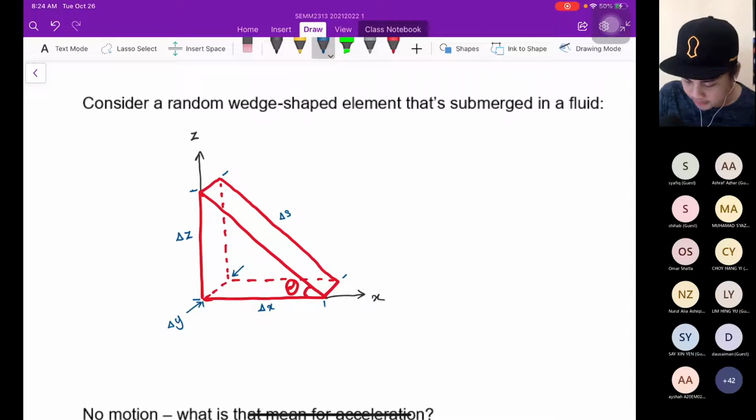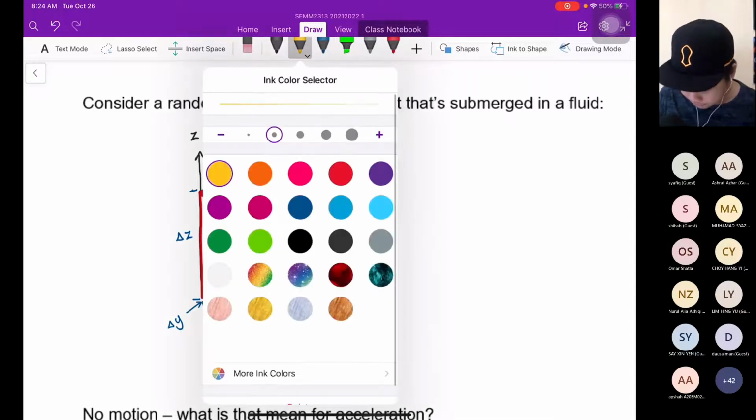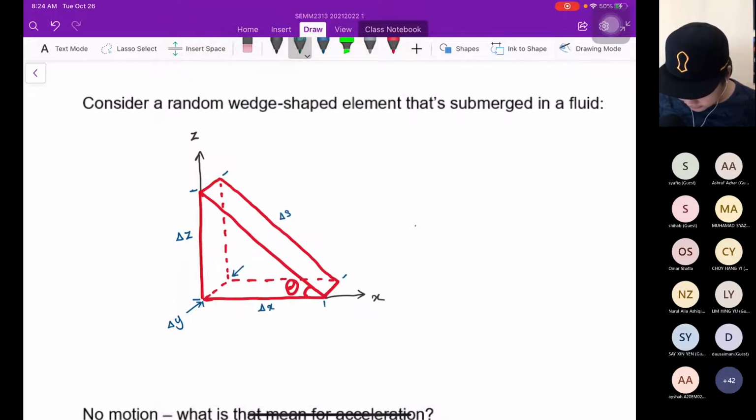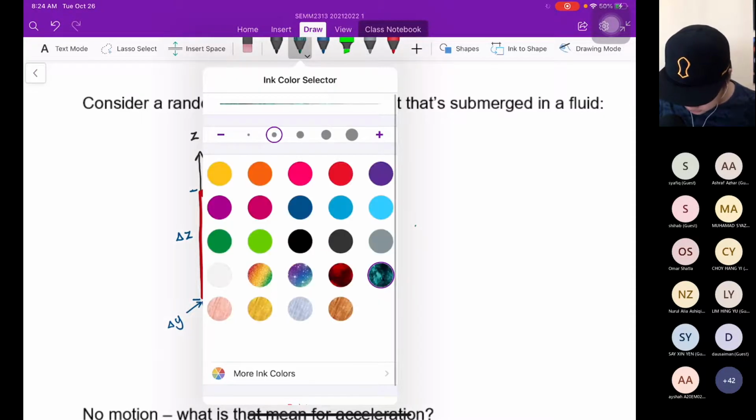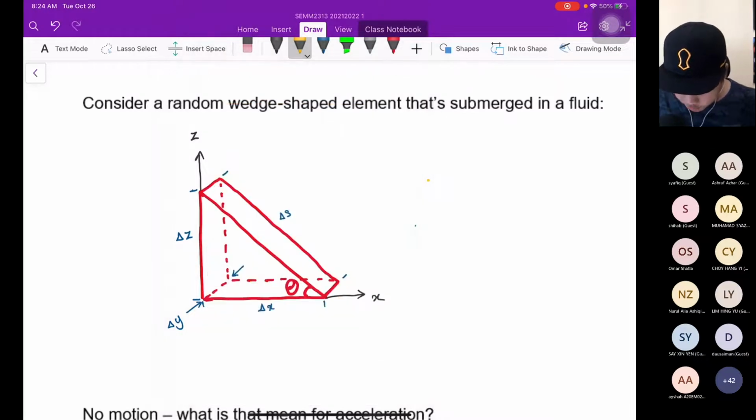We should have the normal force. So let's apply the normal force. The normal force should be perpendicular. So that means we have the normal force here.